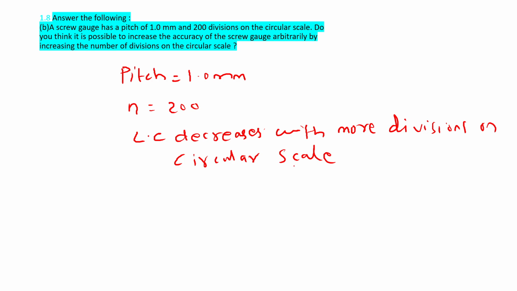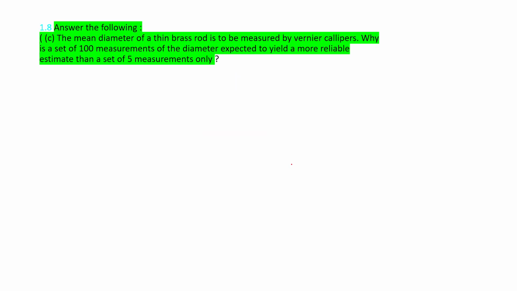Alright, we will go to question number 8 only, C part. The mean diameter of a thin brass rod is to be measured by vernier calipers. Why is a set of 100 measurements of the diameter expected to yield a more reliable estimate than a set of 5 measurements?